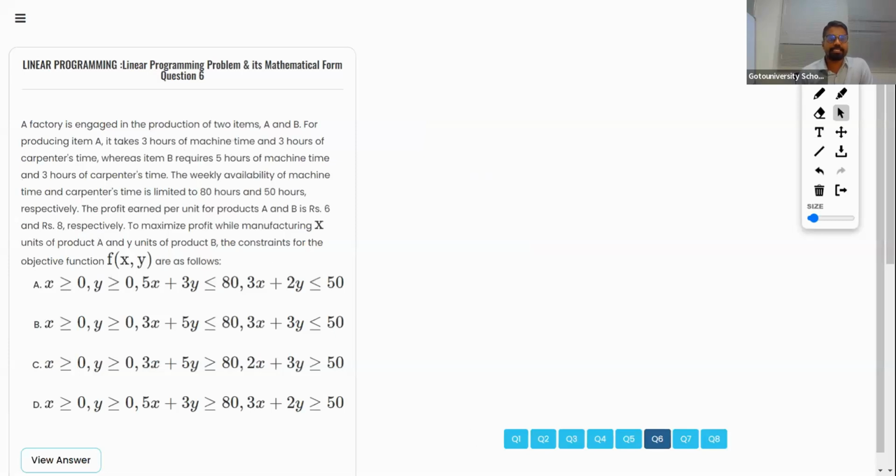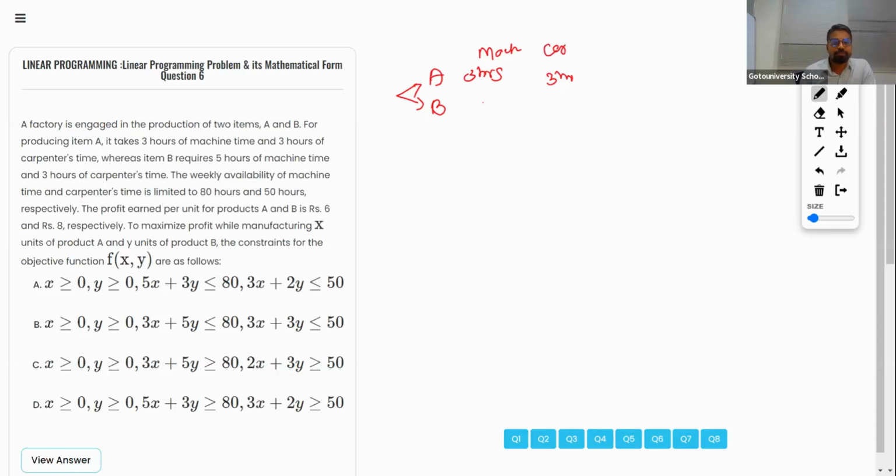A factory is engaged in production of two items A and B. Producing item A takes 3 hours of machine time and 3 hours of carpenter's time, whereas item B requires 5 hours of machine time and 3 hours of carpenter's time. Let's write down these constraints first clearly.